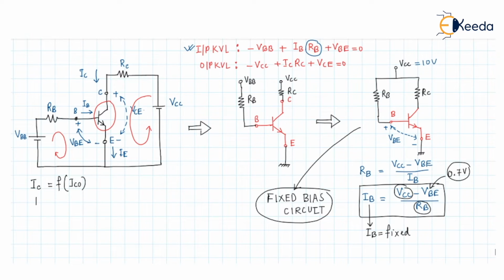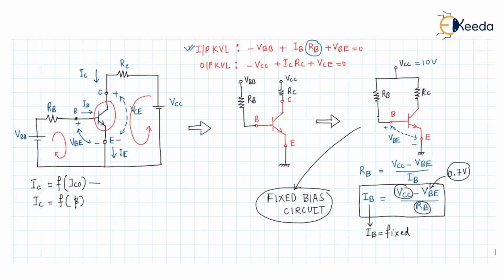It also depends on beta, and the IC current is changing with respect to temperature, with respect to ICO. So we can say the IC depends on ICO and IC depends on beta also.